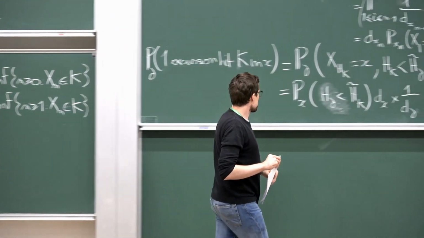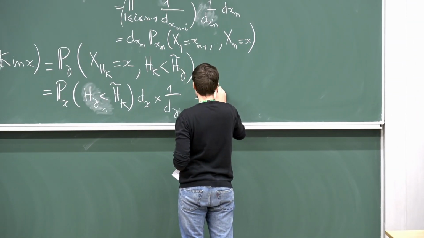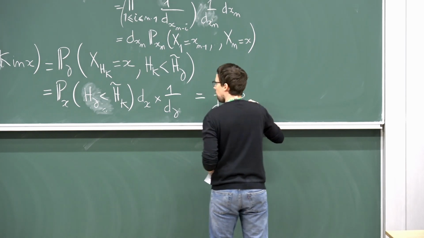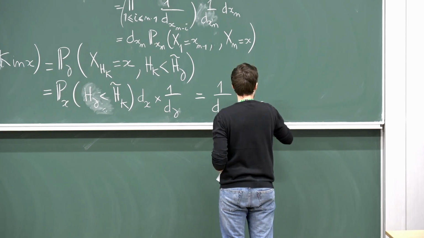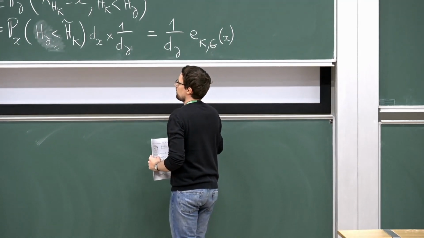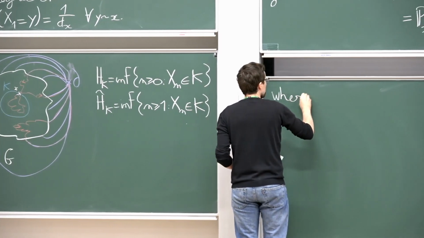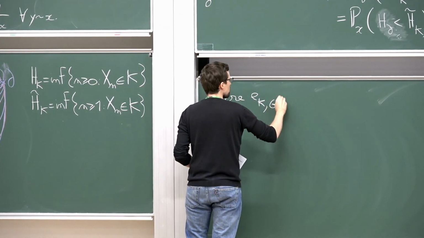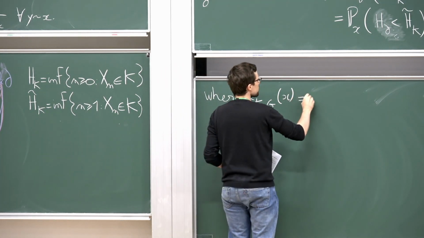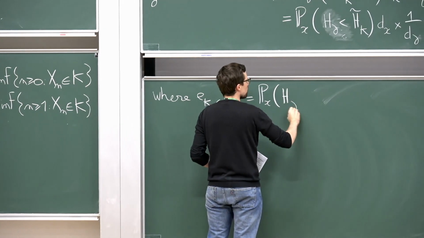And so what I see here is what is called the equilibrium measure of my set K. Well, this is my definition. This is the equilibrium measure of the set K. I add here the G to say this is for the graph that I'm looking at, because sometimes when I take the limit, this will be important.